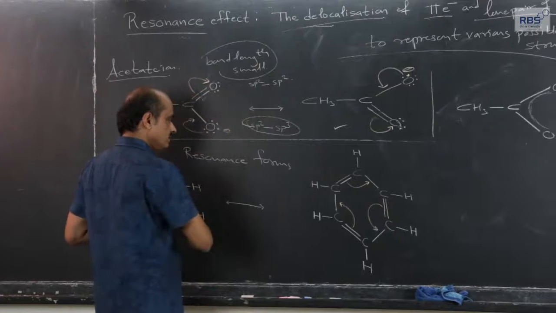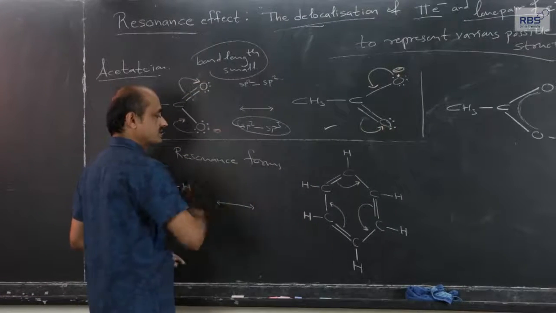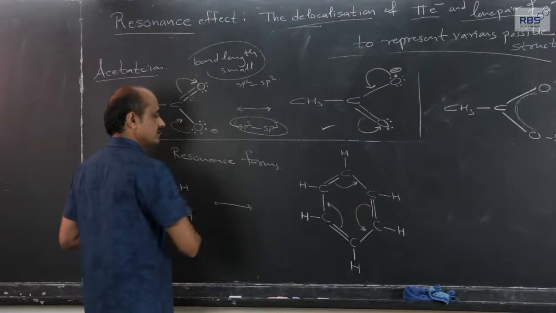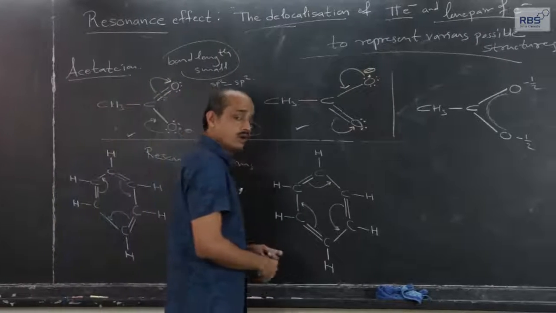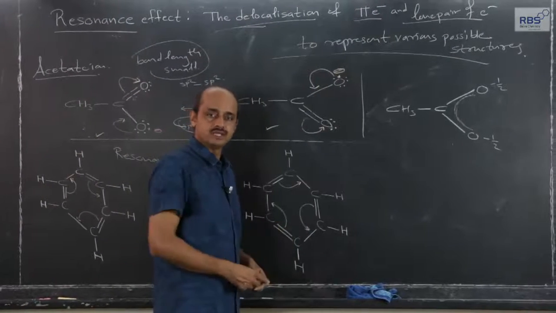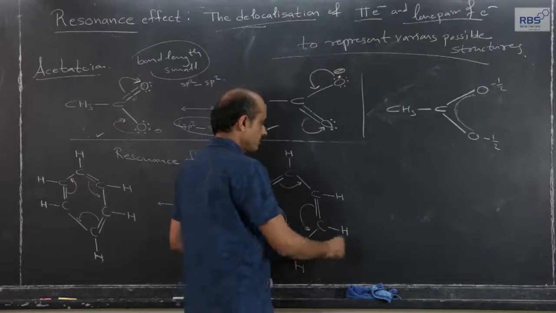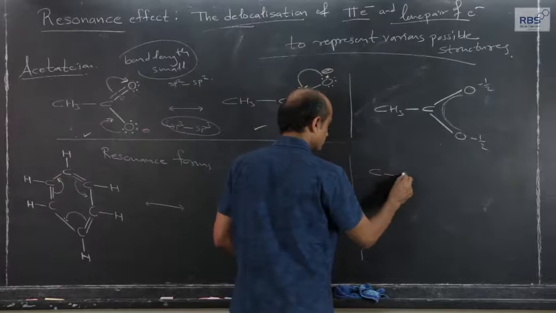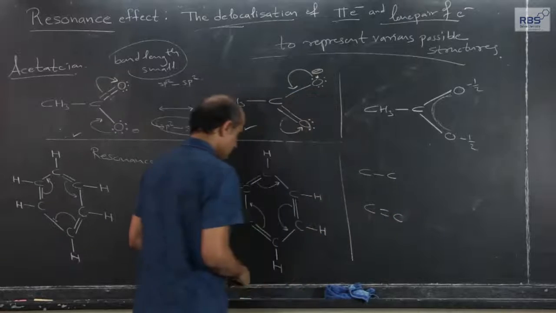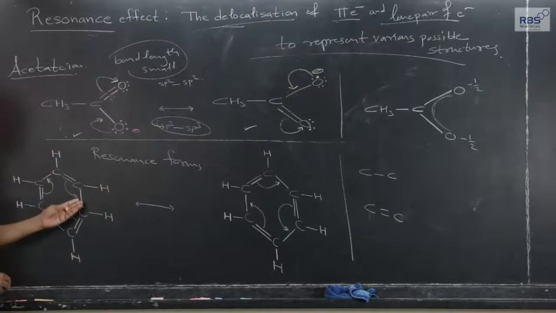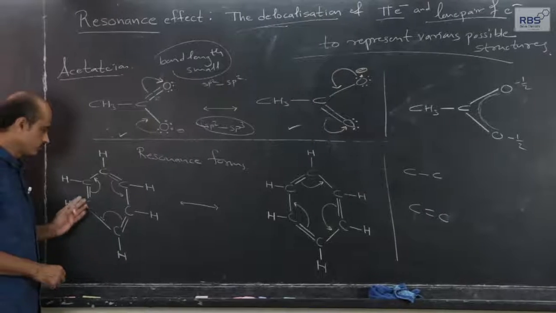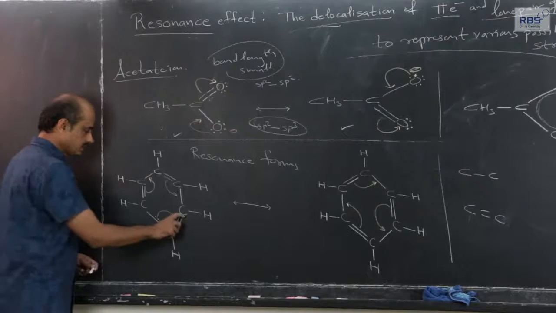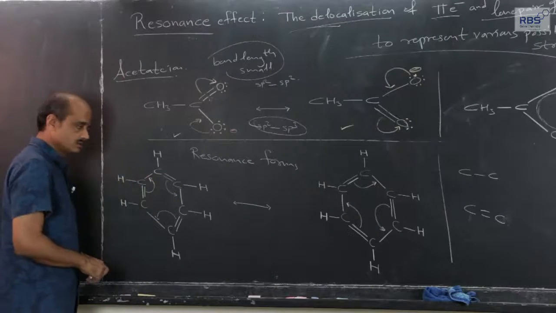Same is true for this. So, although these two are identical, any one structure can be used, that is one thing. So, properties match with these structures, but all properties do not match with any of these two structures. Very simple. If you consider carbon-carbon bond length, and if you consider any of the two, let us consider this resonating form of benzene. 3 carbon-carbon bonds are single and 3 carbon-carbon bonds are double.